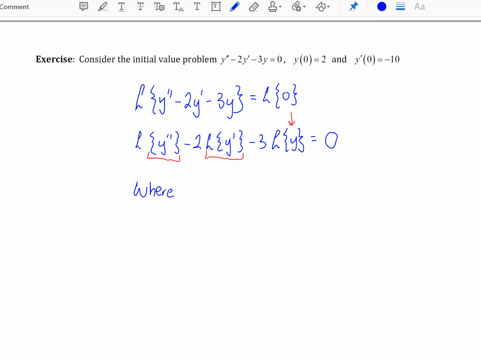So here, the Laplace of y double prime, our formula we developed is s squared Laplace of y minus s times y of 0 minus y prime of 0.